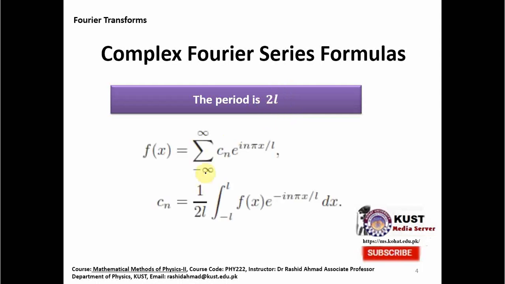If you recall, the Fourier series expansion of any function was like this, going from minus infinity to plus infinity, Cn times the exponential, where we are talking about the exponential case and not the sine and cosine case, with the period of 2L, not 2 pi. If you take the period of 2 pi, then this L will not be over here. And then these coefficients Cn were something like that.